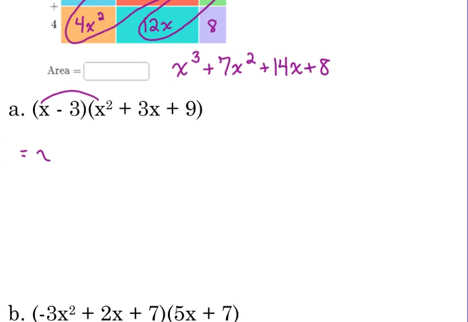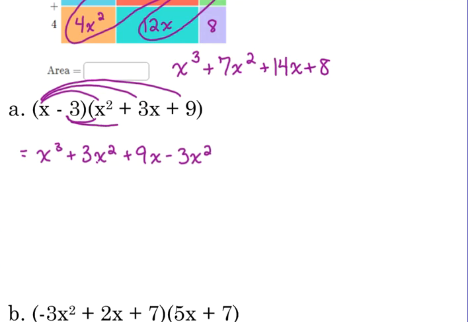So x times x squared is x cubed. X times 3x is 3x squared. X times 9 is 9x. Then we distribute a negative 3.